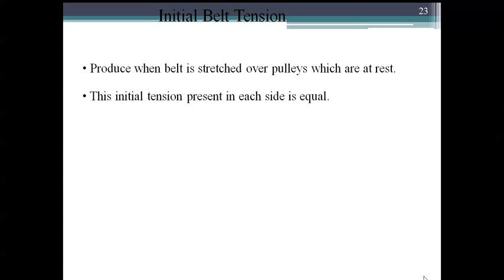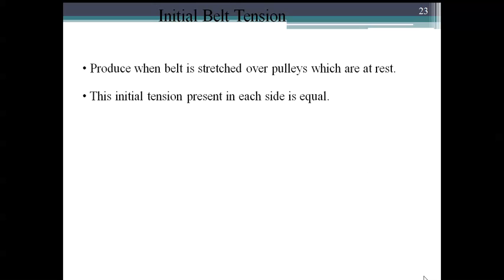Initial tension is produced when the belt is stretched over pulleys which are at rest. So where the belt is wrapped around the two pulleys at rest position, there is a tension in the belt. That tension is called initial belt tension.